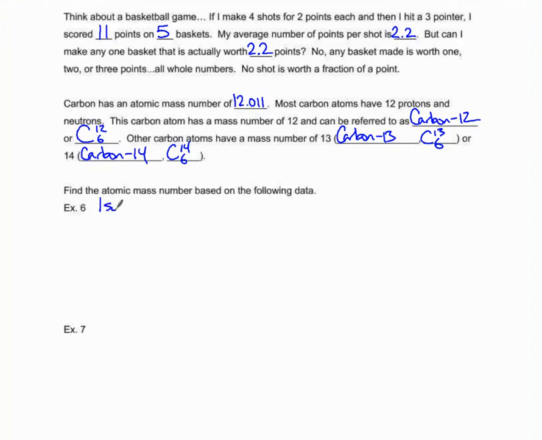So we're going to make a table here. Here is the isotope. Here's the mass number, so this one's 12, 13, and 14.